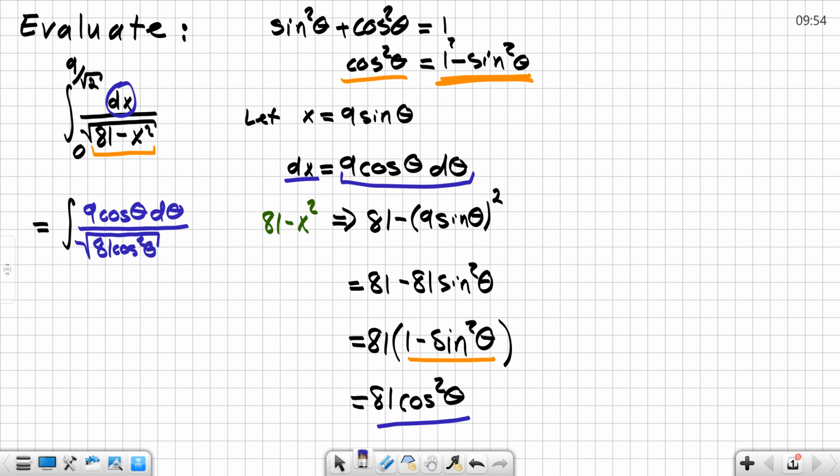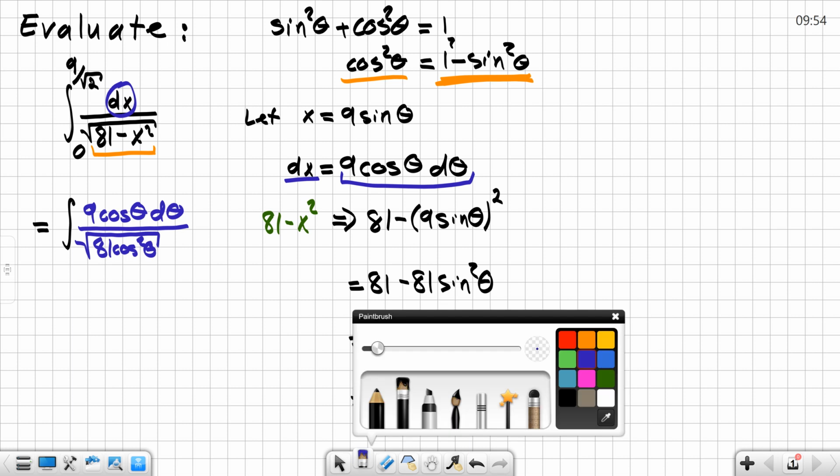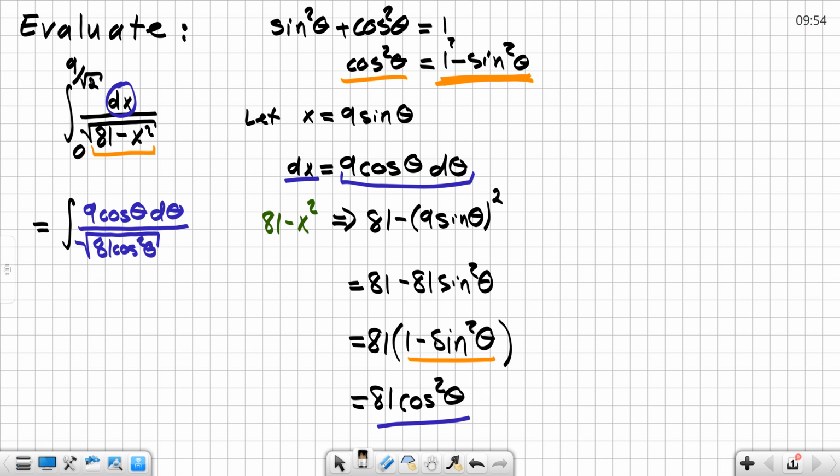Now, but what about the limits? I want to change the limits as well, so that I do not have to go back and do this later. You can think about this in the following way.